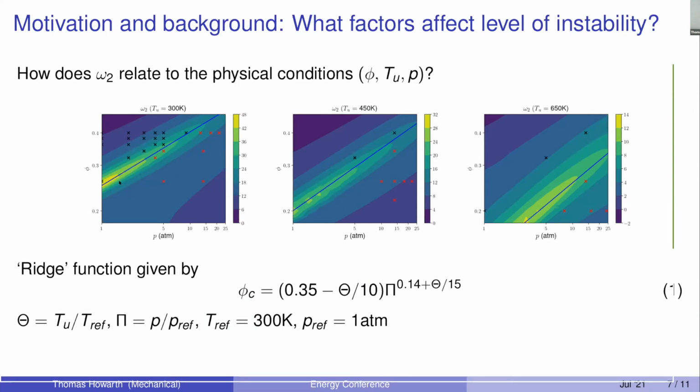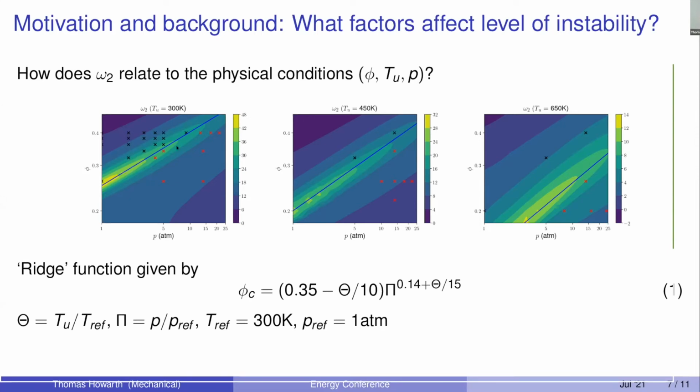So we have a contour here for different temperatures, and on the axes we have equivalence ratio on the Y and pressure on the X, on a log-log scale. As you can see, we have a ridge, a peak surface where we expect the most instability to occur.